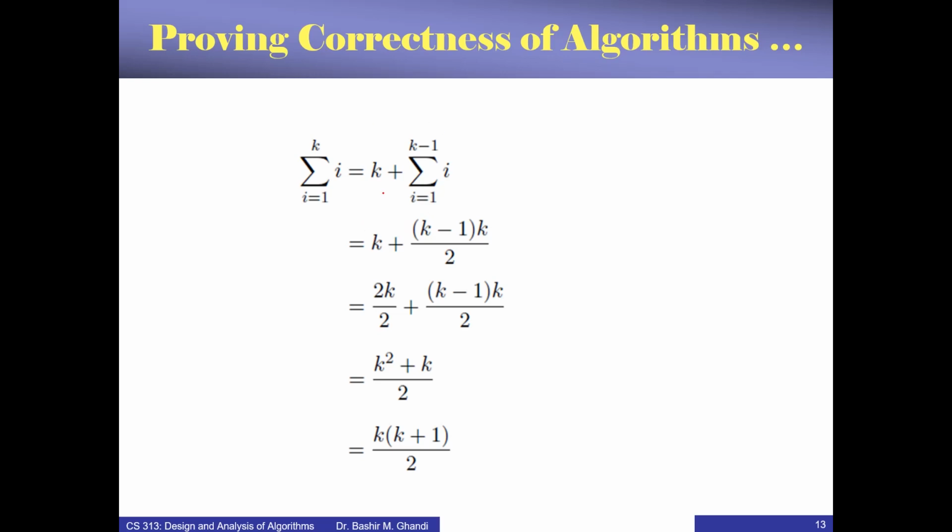Instead of saying 1 plus 2 plus 3 plus 4 plus 5, which is basically the summation from 1 to 5 of i, I'm saying we can write this as 5 plus the summation from 1 to 4 of i, which is k minus 1 in this case.